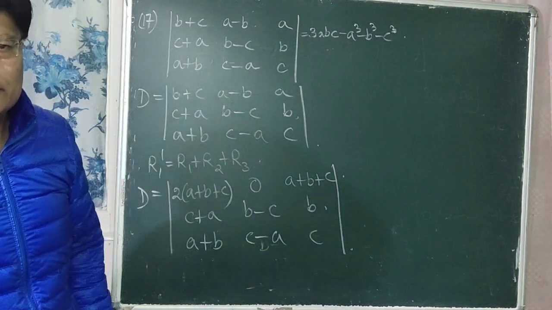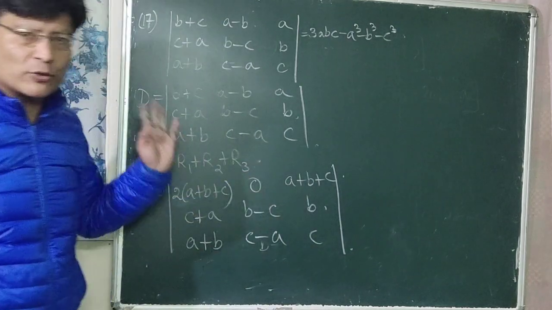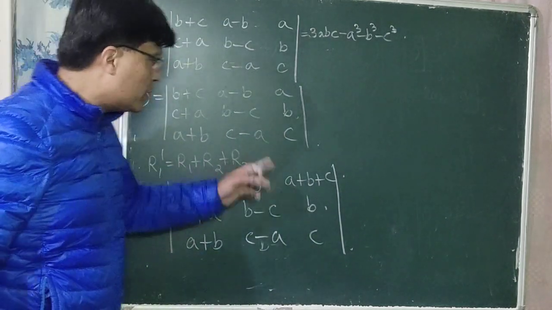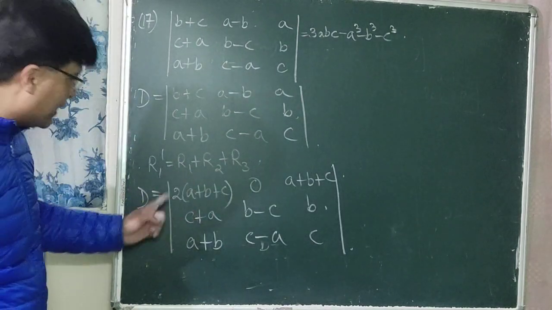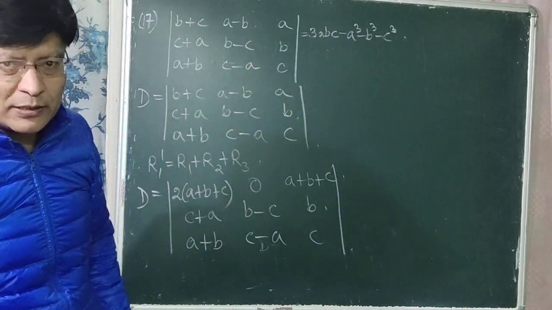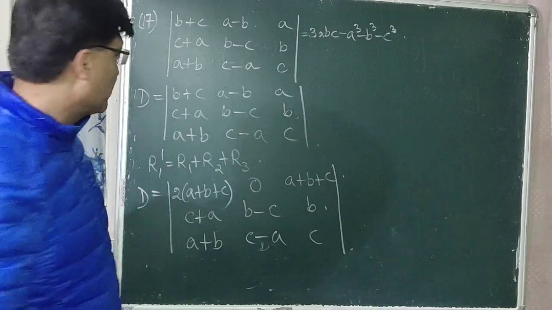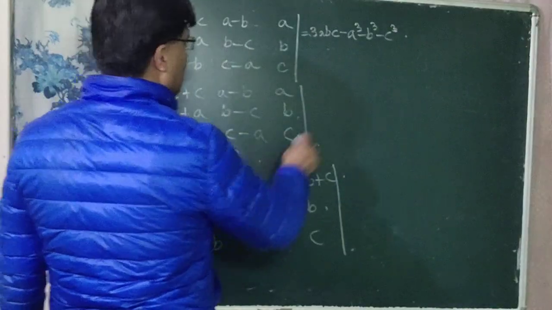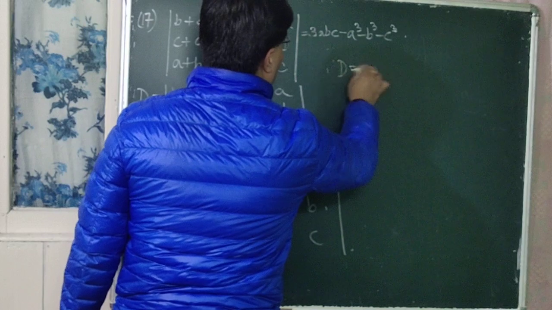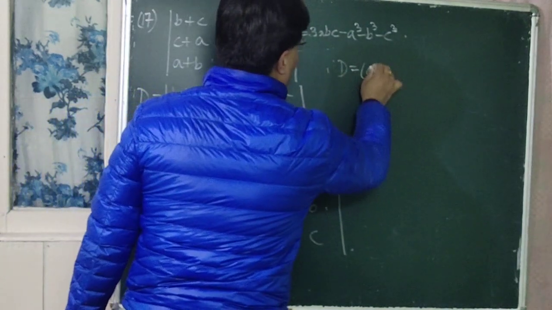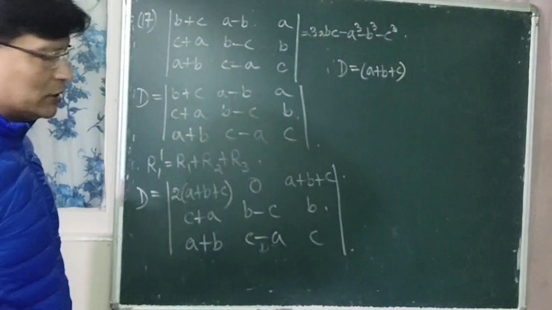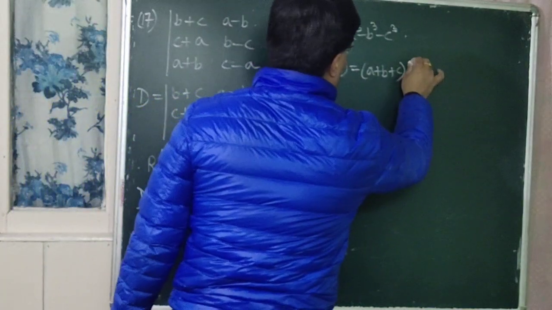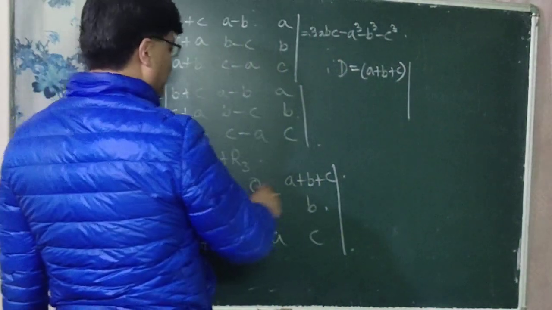I think you have understood it up to here. Now, what will you do? You can take common from the first row, isn't it? What is common from the first row? It is a plus b plus c. So you can take a plus b plus c as common from the first row. So therefore D is equal to a plus b plus c taken common out here. So now, what is the first row now?